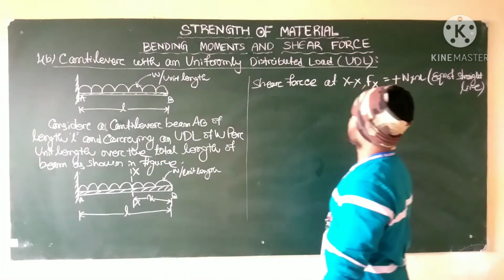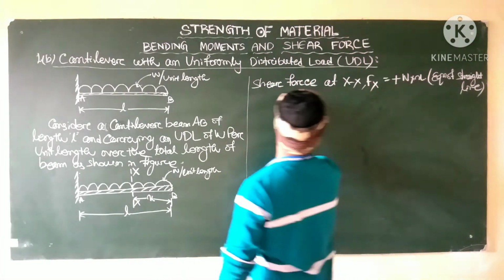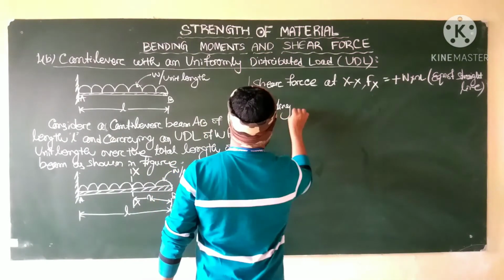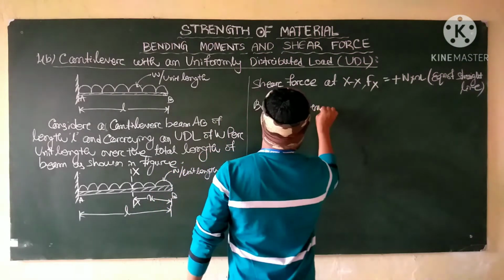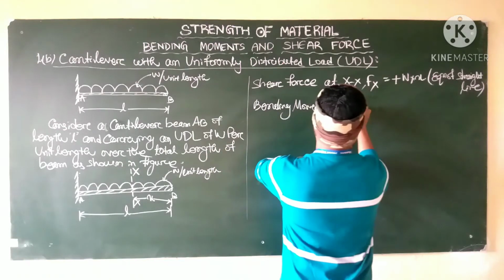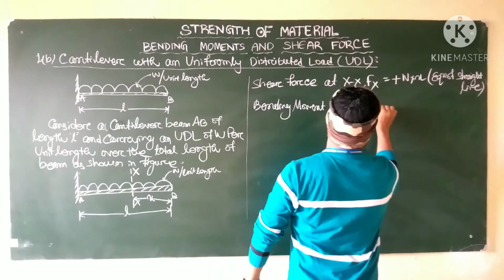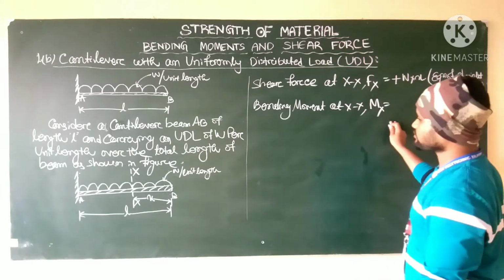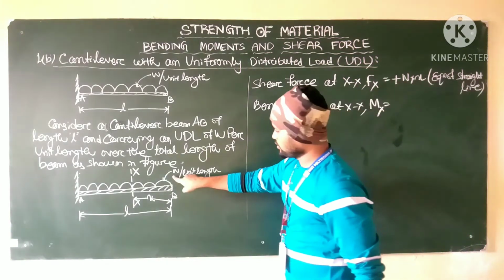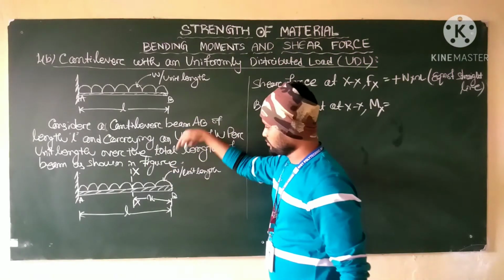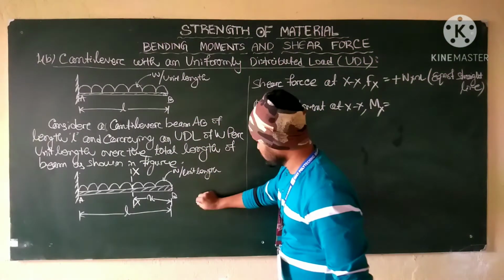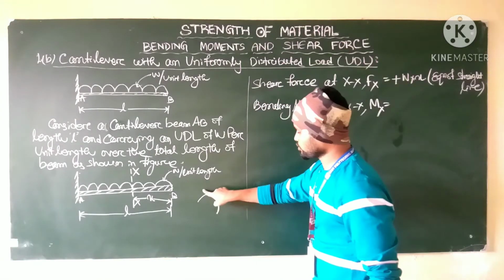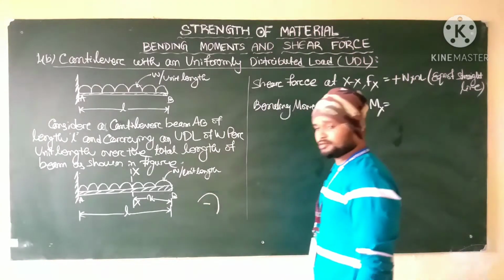Now, bending moment at XX, Mx equals. In case of bending moment, if the load acts from upward to downward, it will bend the beam like this. If the beam bends like this, that is convexity upward, it is a negative bending moment.